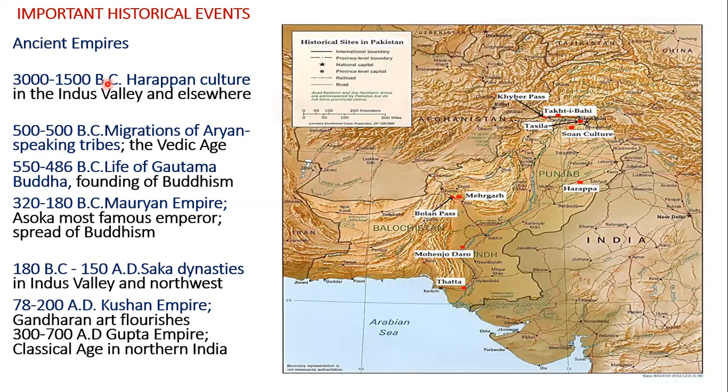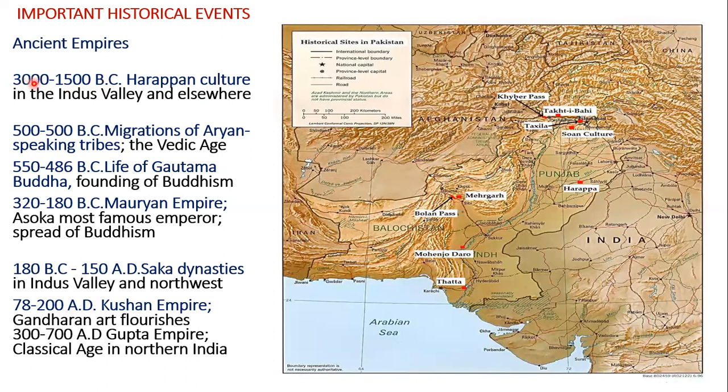They took the birth of Hazrat Isa, peace be upon him, Jesus Christ, as a significant event, and they said that events that occurred before the birth of Christ will be called BC, and after will be called AD. Clear?